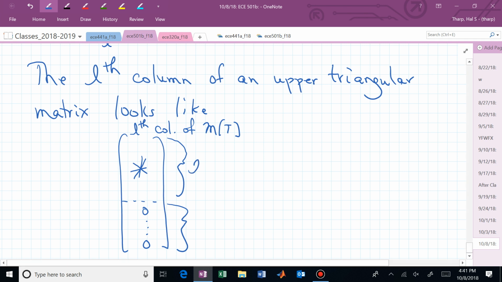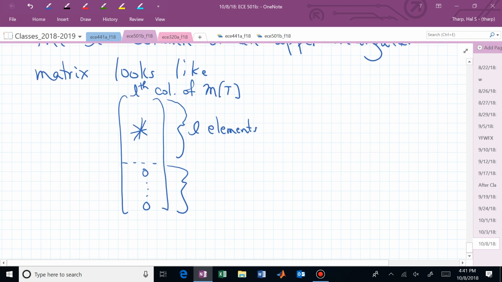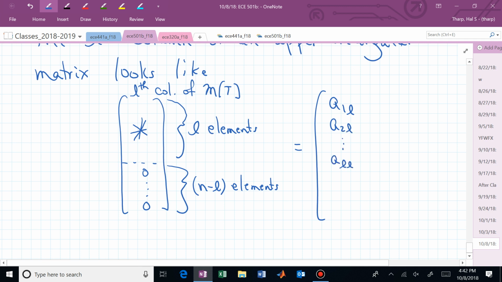So this is now L elements, and below that, we have n minus L elements. So that's equal to A1L, A2L, A sub LL, 0, 0.